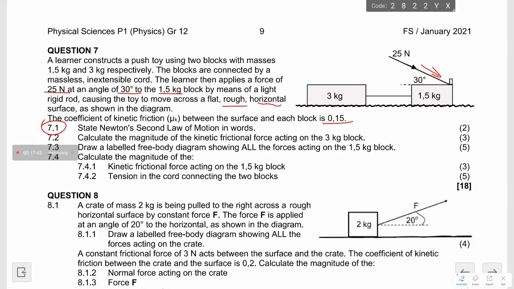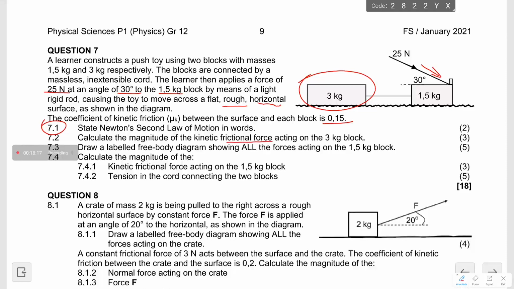the magnitude of the kinetic frictional force acting on the 3 kg block. So now when you look at the 3 kg block, you should think of the first situation that we spoke about, because there is no force acting at an angle. The forces are either parallel to the plane or perpendicular to the plane.